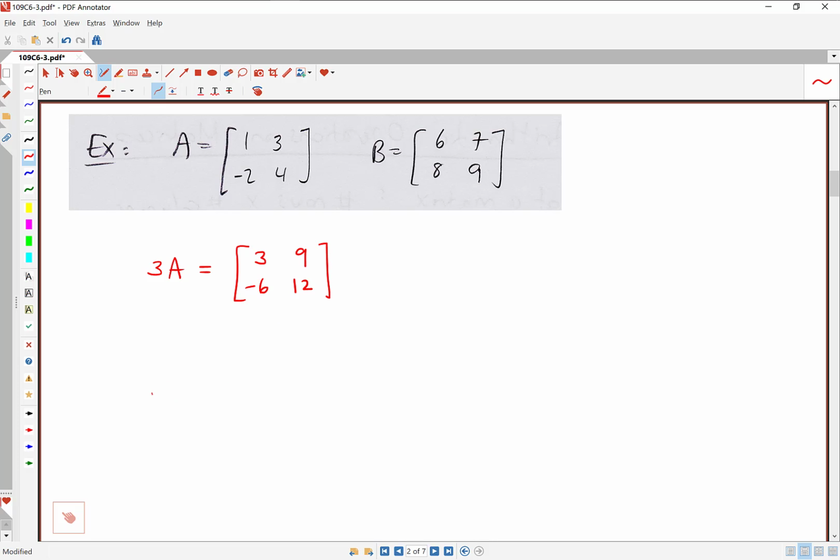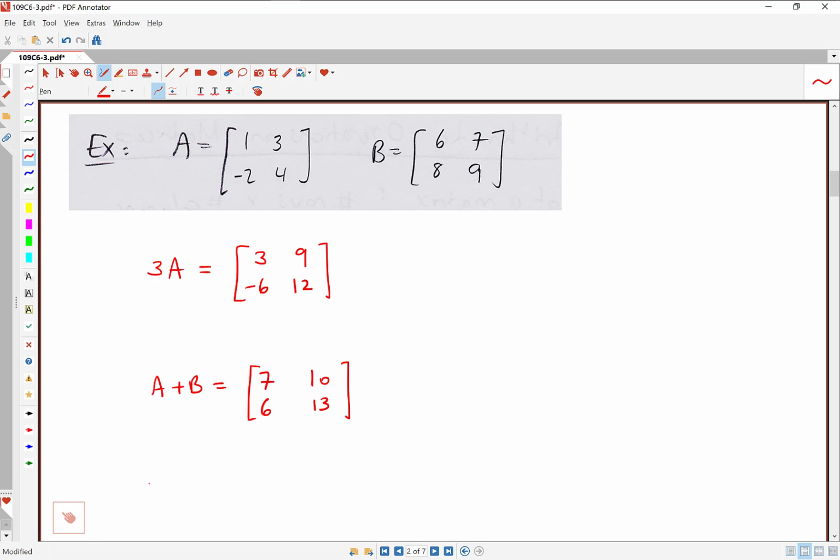We can do things like A plus B. And what that means is to add up the corresponding entries of A and B. So if we look at the top left, we'd go 1 plus 6 is 7. Top right, 3 plus 7 is 10. For the bottom left, -2 plus 8 is 6. And then for the bottom right, 4 plus 9 is 13. So we're just performing the addition operation, but just doing that on corresponding entries.